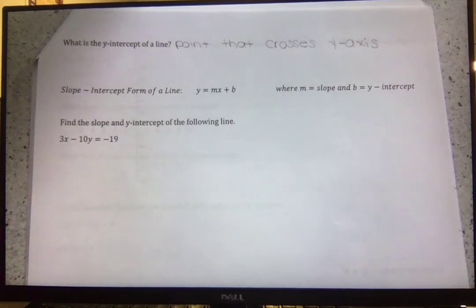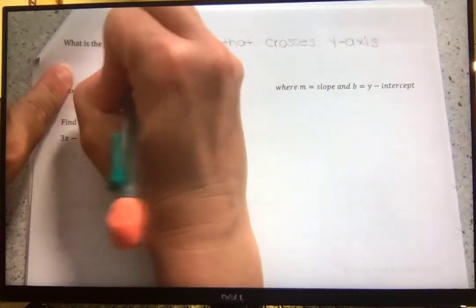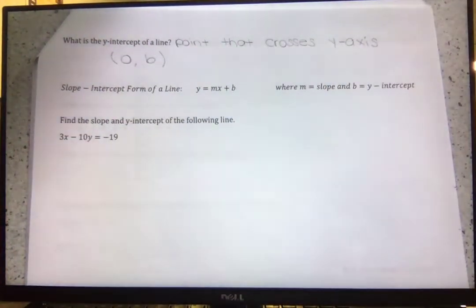So if it crosses the y-axis, what is our x value going to be? 0. Good, every time. So it's going to be 0, b, just like we call the slope m to abbreviate it to make it more efficient. We call the y-intercept b, so it's always going to be 0, b.